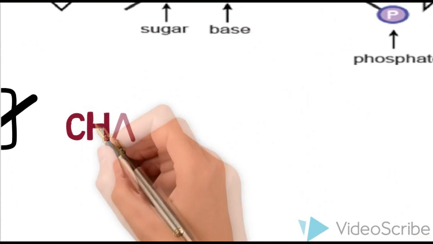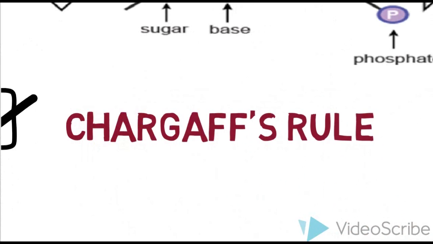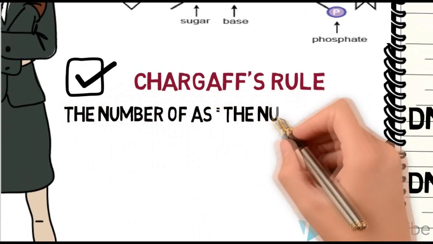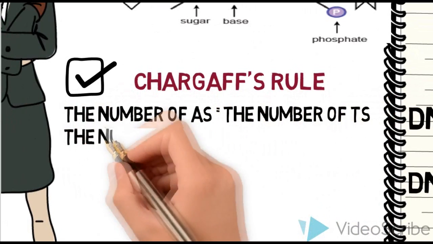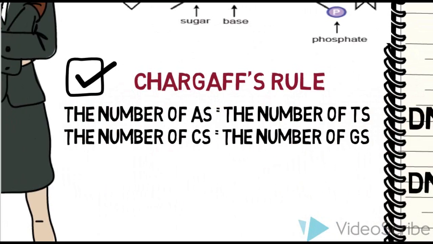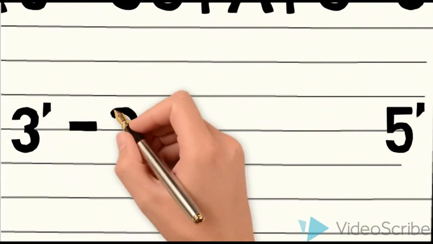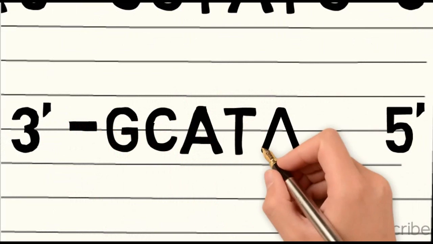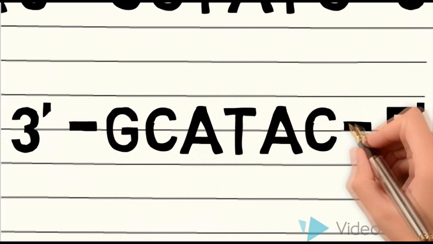Next, you must know Chargaff's rule. The number of adenines is equal to the number of thymines, and the number of cytosines is equal to the number of guanines. So here we write guanine, cytosine, adenine, thymine, adenine, and cytosine.